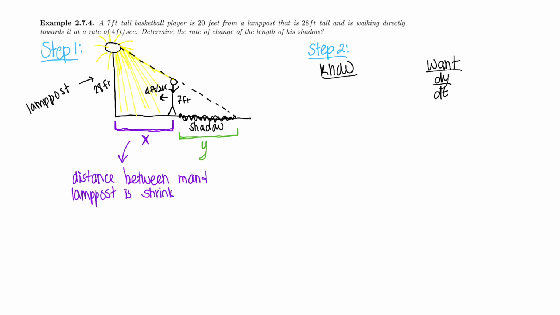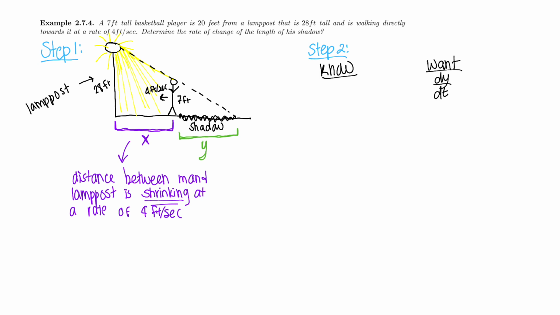This shrinking part is actually really important. If you said that dx/dt was 4 feet per second, that would mean that x is getting bigger. That would mean he was walking away from the lamp.